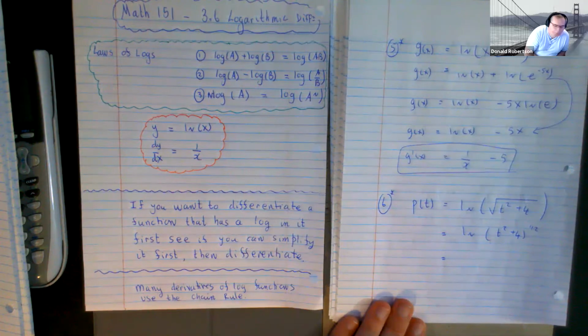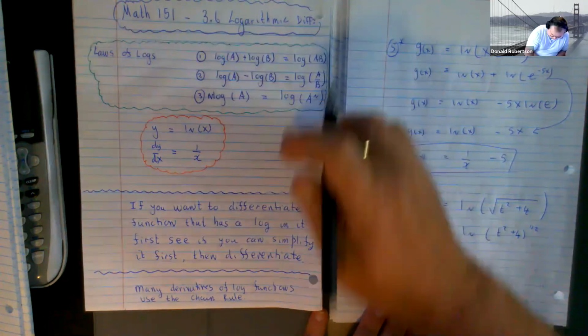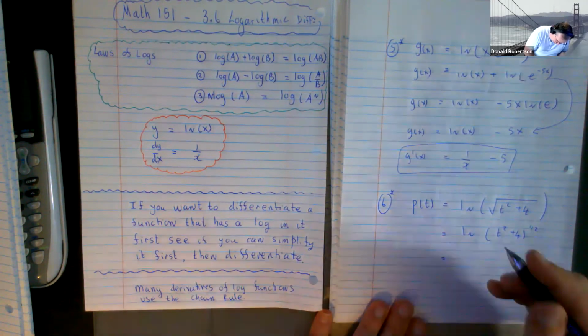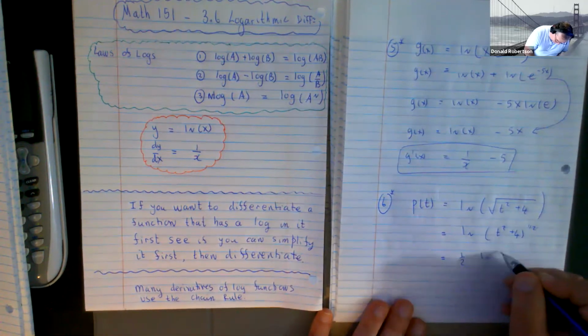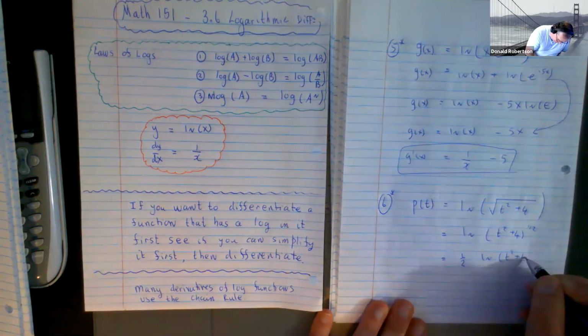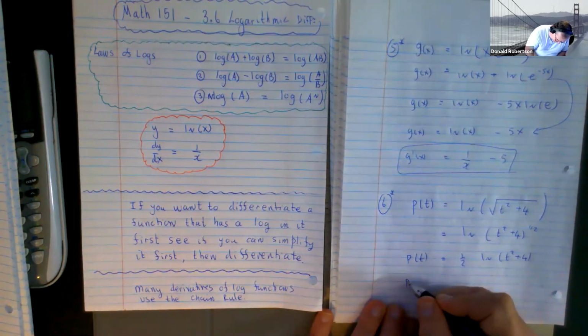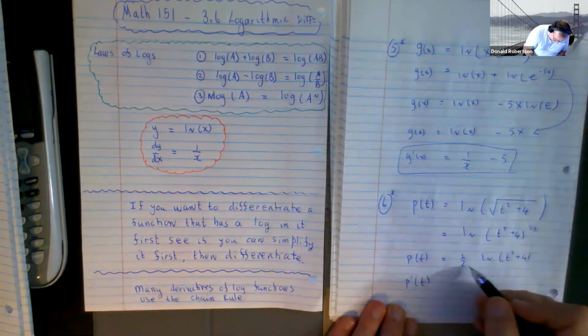Where do I go now? Which one of these rules? Three. Agreed. Rule 3. Okay, that's as good as that's going to get. Let's differentiate then. It's a half log of something.